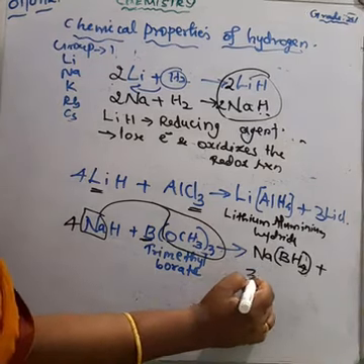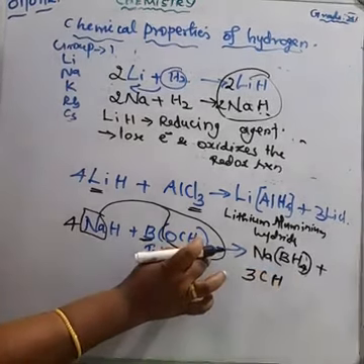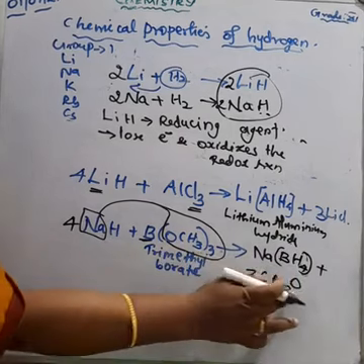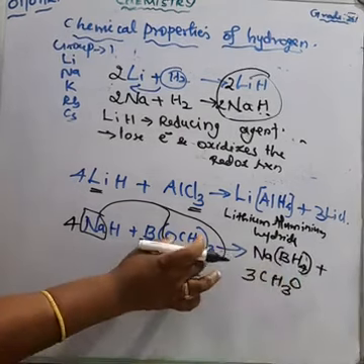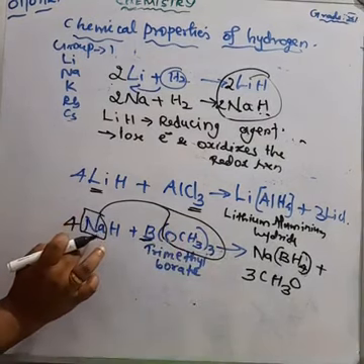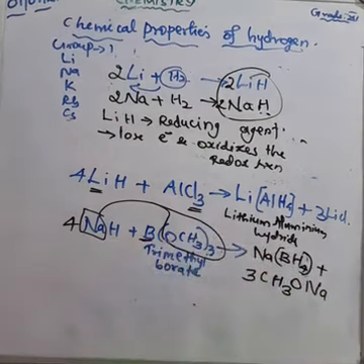What is the formula for sodium methoxide? How many methoxy groups do we have here? 3 methoxy groups, so 3 CH3O. And how many sodium atoms remain here? 3 sodium atoms, Na.